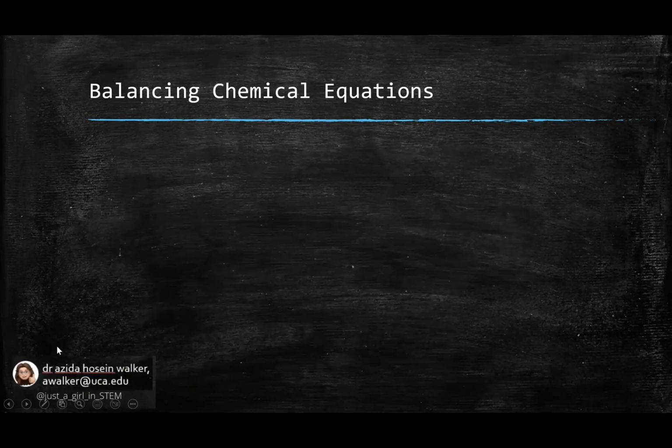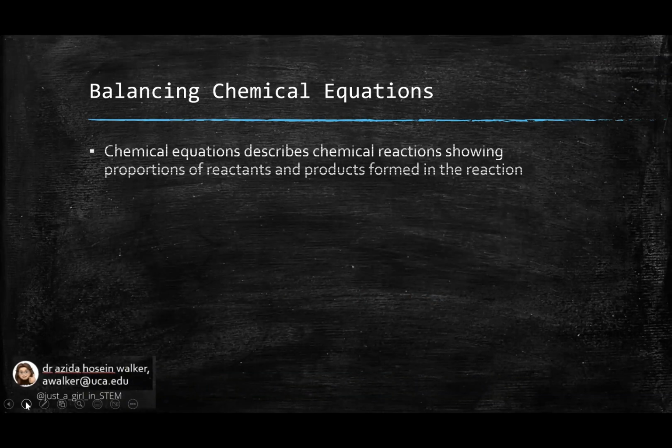Now, when we come to balancing equations, we are going to take these chemical reactions, like we saw earlier for photosynthesis, and we're going to describe this reaction in terms of the proportion of the reactants that we need, and also balance it in terms of determining the proportion of the products that we get.